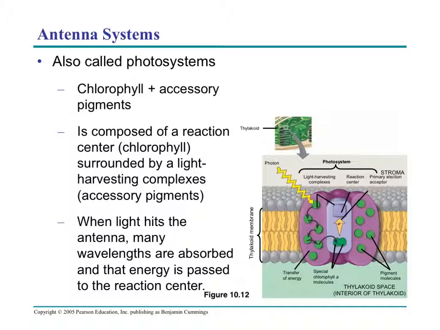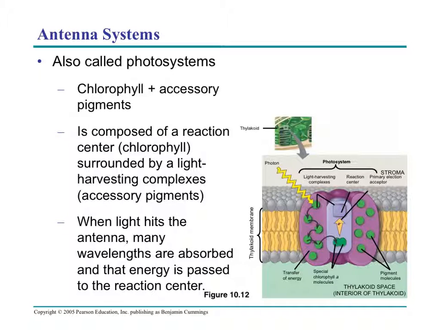And so a photon of light will come in and hit the accessory pigment, and when the energy from the photon is absorbed by the photosystem, we have excited an electron. That excited electron bounces around until it eventually goes to the chlorophyll A molecule, where an electron is sent up to the reaction center.